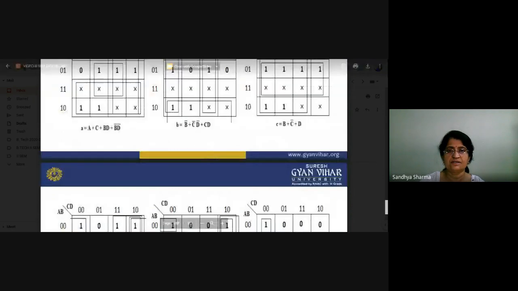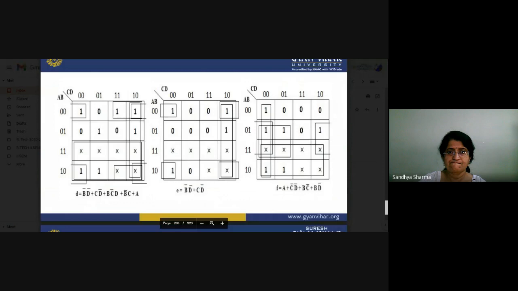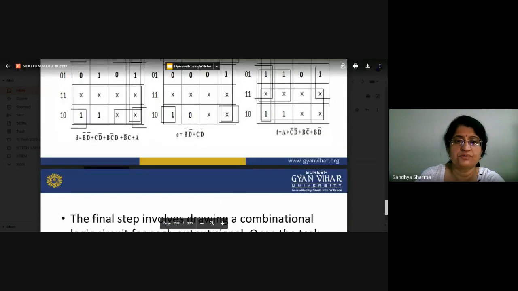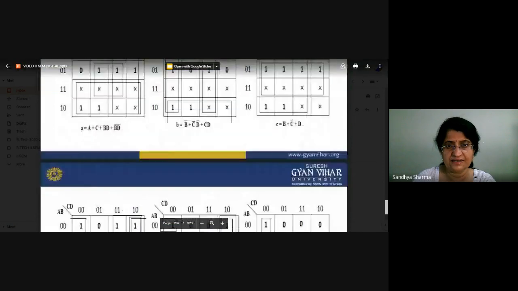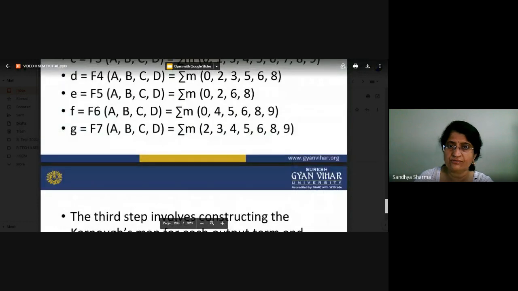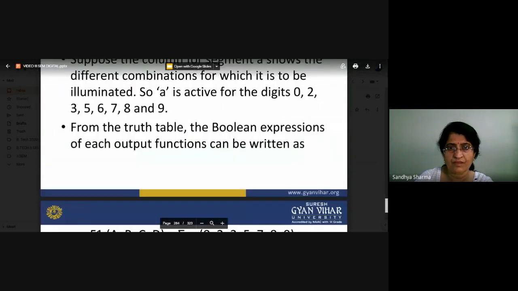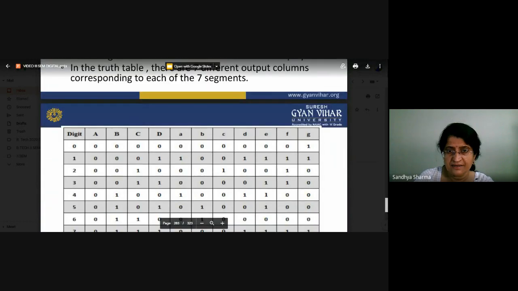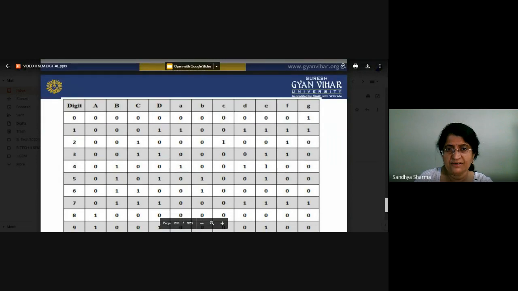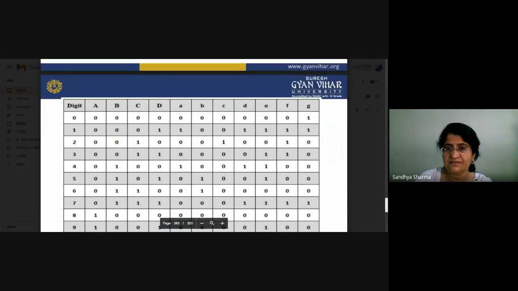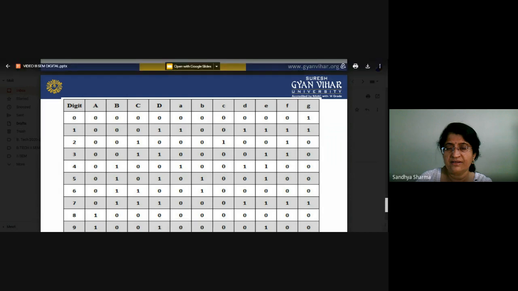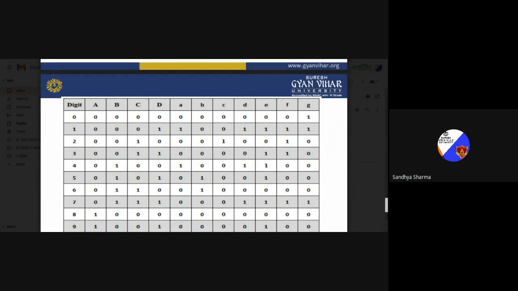You can see here, these are the different K-maps for solving. You have to insert the outputs and put the inputs A, B, C, D. See here, in which part A is 1, in which sections B is executed, C, D, E, F, G. These are the parts where these are executed properly.